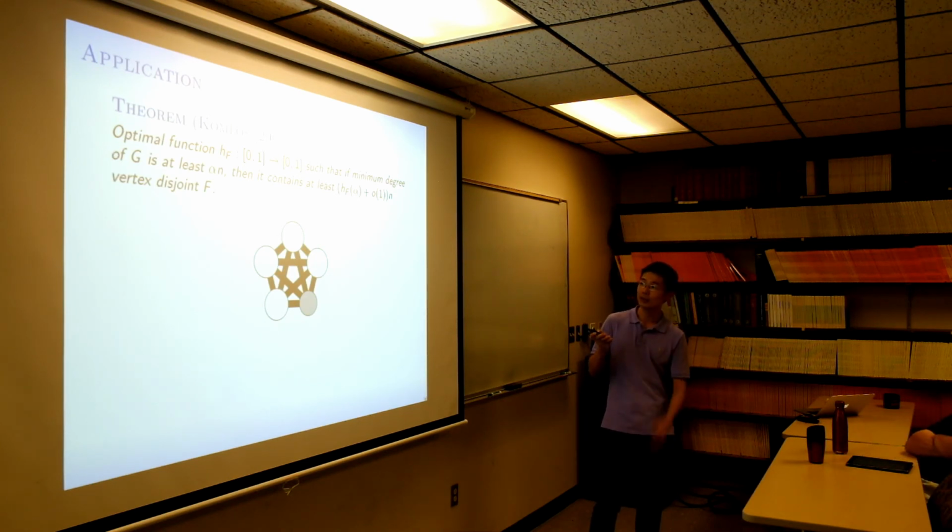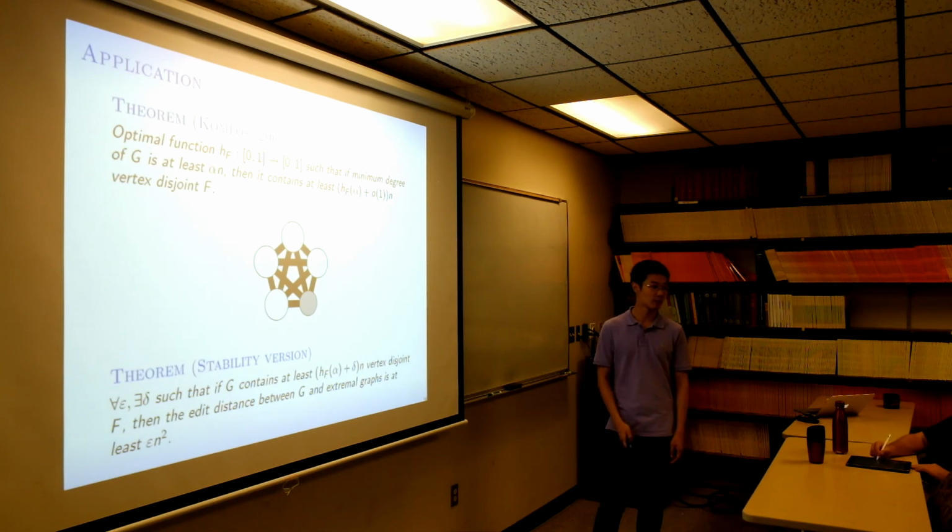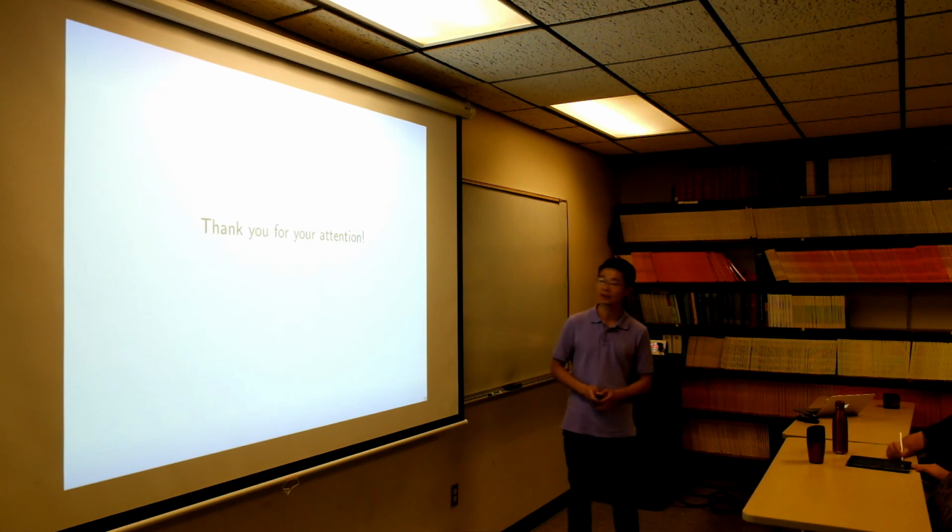What Komlos proved is this function, and using our method, we can prove that actually this is the general example. Or say we prove a stability version: if your graph has roughly this number of vertex disjoint copies of F, then your graph should not be far away from this extreme. Okay, so that's all. Thank you.